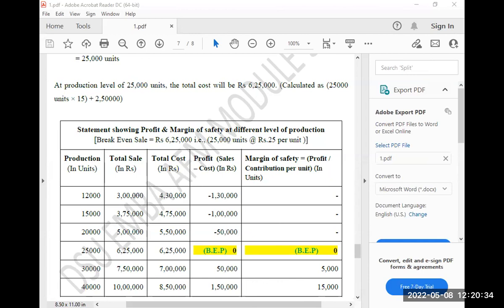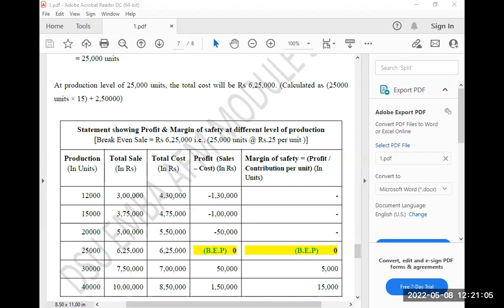Then how do you calculate sales? Sales is equal to contribution by PV ratio. But is there any variable cost given to you? Variable cost will vary according to volume of production.